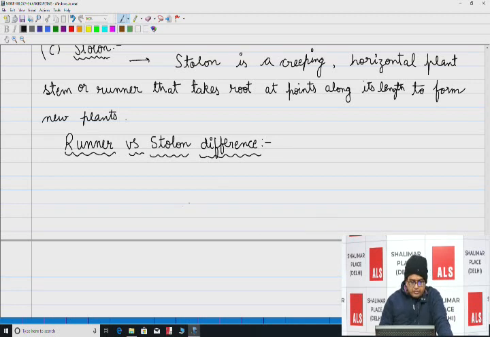Well, there is a difference. Runner lies above the ground like this.